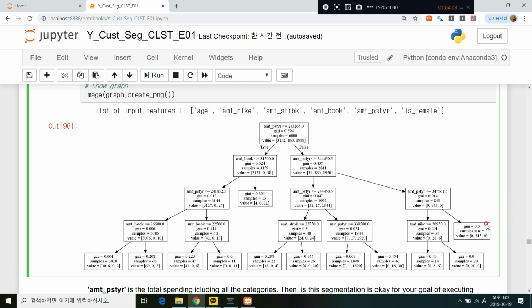Okay, this is the blue group, and this is the yellow group, and no other guys in different colors are here, only blue.